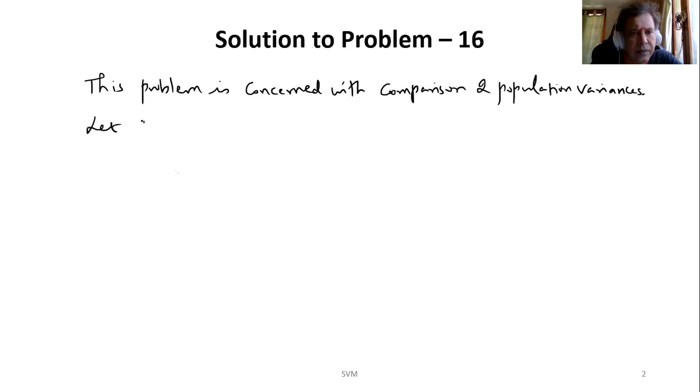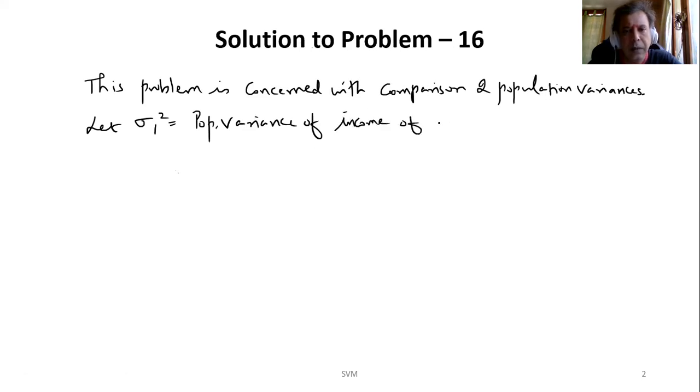Let sigma 1 square equal the population variance of income of graduates, and sigma 2 square the population variance of income of non-graduates.